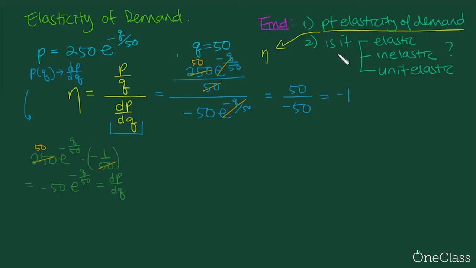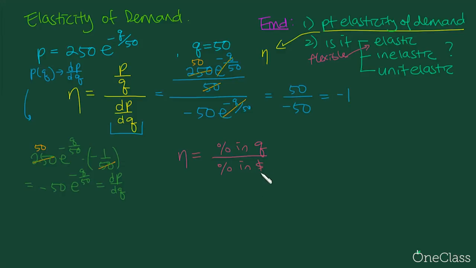As for the second part of the question, to determine whether it's elastic, inelastic, or unit elastic, you can determine what that means based on these word descriptions. When it says elastic, like an elastic band, that means it's very flexible. If it is very flexible, then the change is going to be a lot, because eta represents change in quantity over change in price.